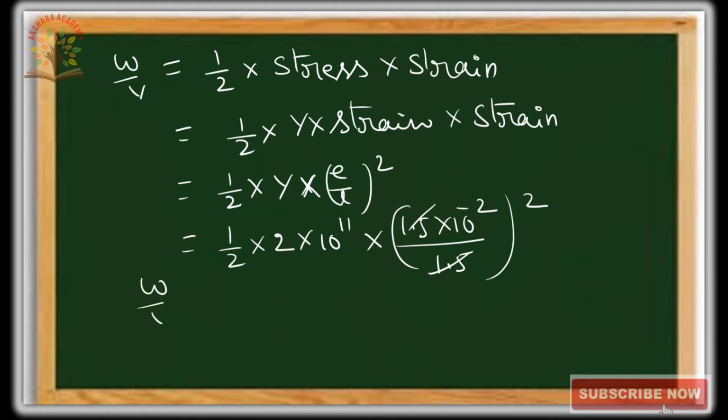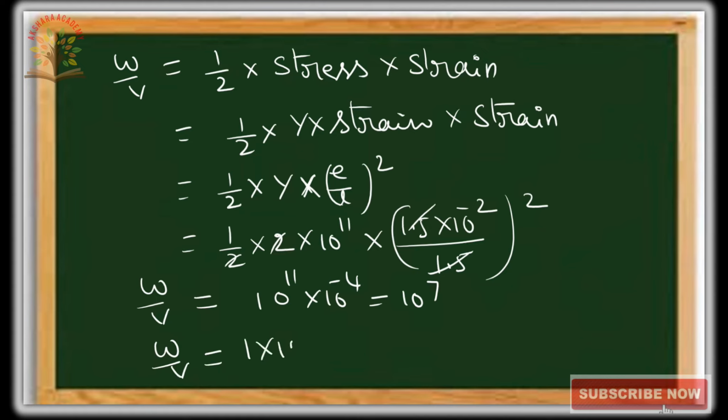So work done per unit volume is equal to, 2 gets cancelled here, 10 to the power of 11 into 10 to the power of minus 4, it becomes 10 to the power of 7. So work done per unit volume is equal to 1 into 10 to the power of 7 joule per meter cube. This is the final answer.